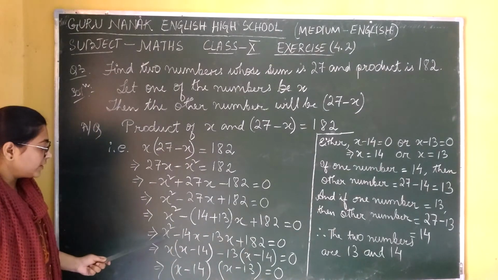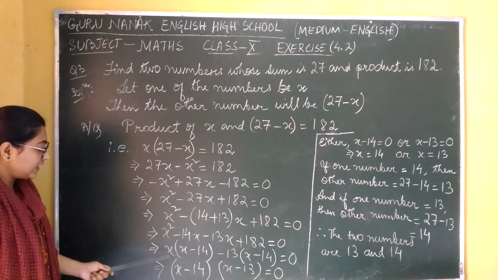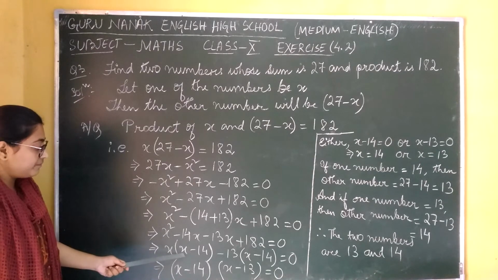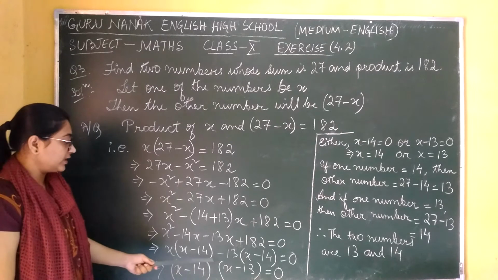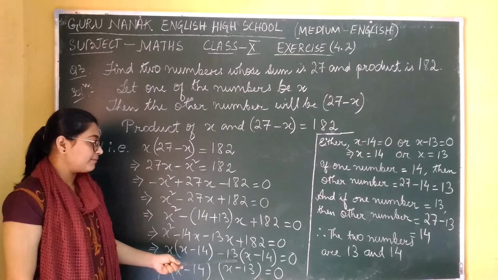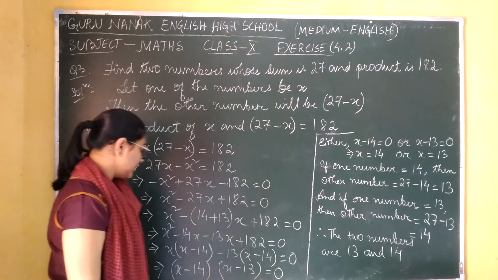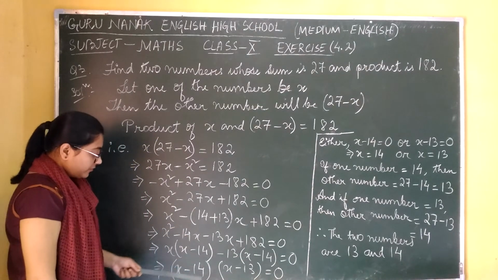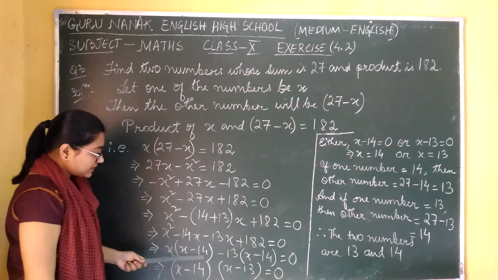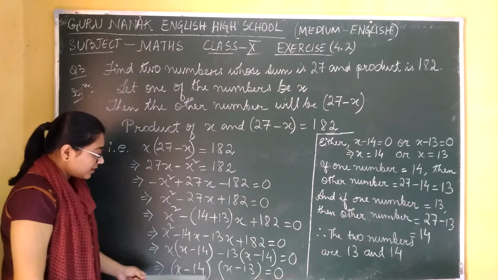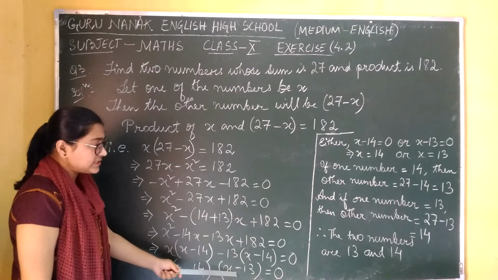Now if we take common from x square minus 14x, we will get x, then in bracket it is left x minus 14. And from these two terms we can take minus 13 as common, then left is x minus 14. Now if we take x minus 14 common, then x minus 13 is left out.